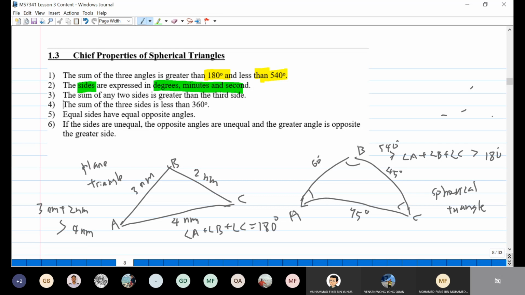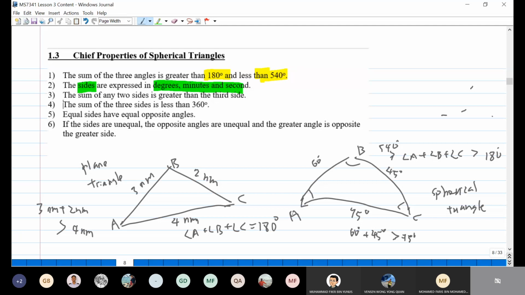For example, AB is 60°, BC is 45°, and their sum is always greater than the third side, 75°. So the sum of any two sides is always greater than the third side.